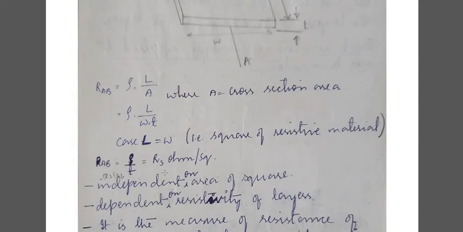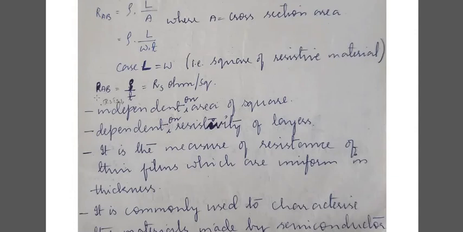That is only when you have a square of the resistance material, a square thin film, so it will be independent of the area of the square. So what are the conditions? R_AB is equal to rho times L divided by A. Now, when L is equal to W, R_AB is equal to rho by T. That is nothing but your R_S, in ohms per square.